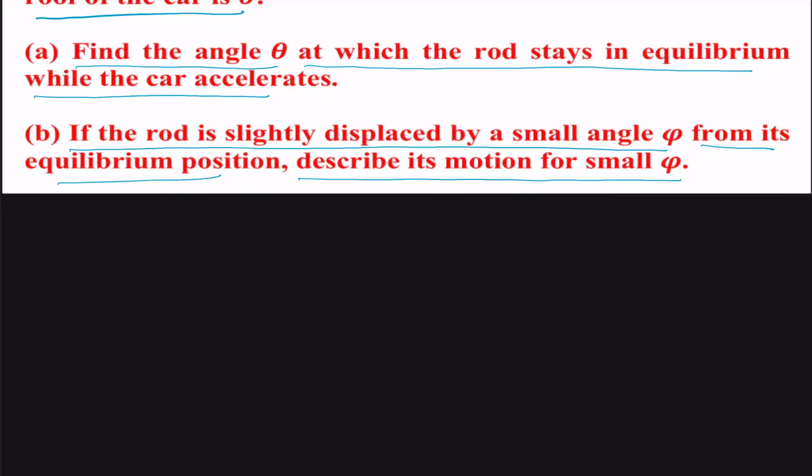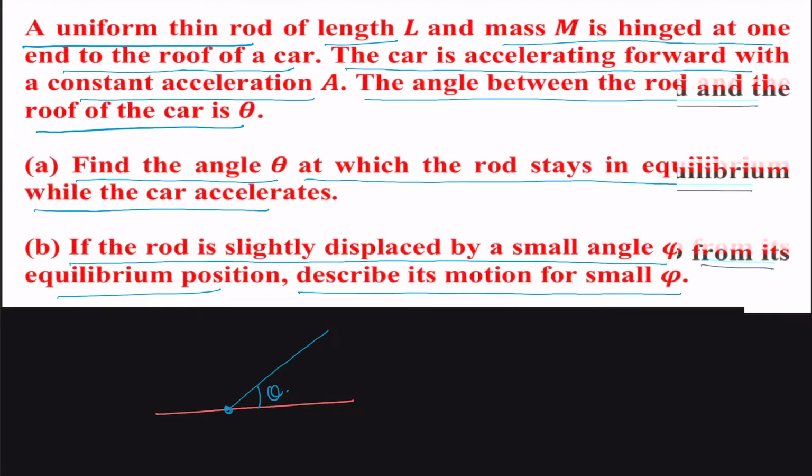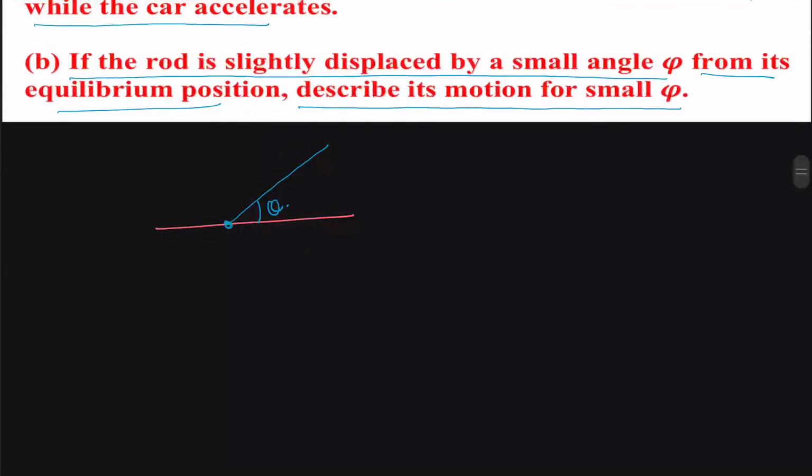Suppose this is the roof of the car, and we have a rod hinged at the roof of the car, and here it is making an angle of theta, and it is given that the car is accelerating in the forward direction with acceleration a.